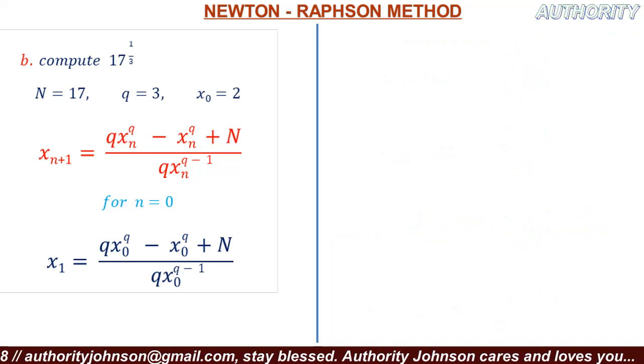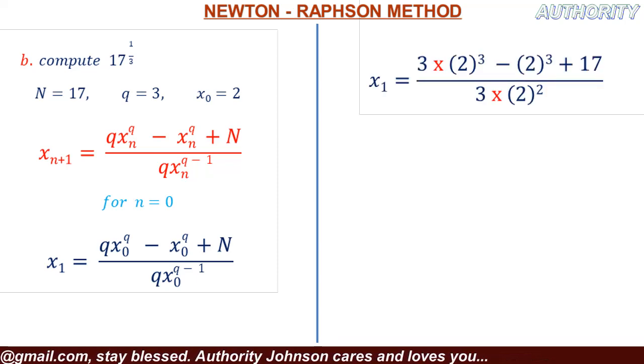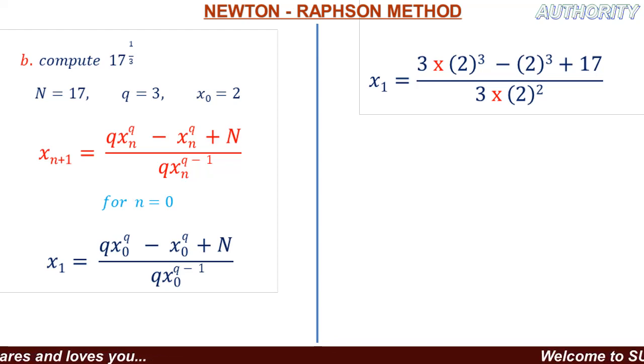Here we know our q, our n, and our x0. Substituting, we have x1 is equal to 3 times 2 cubed minus 2 cubed plus 17, all over 3 times 2 raised to the power of 3 minus 1, that is 3 minus 1 equals 2, so 2 raised to the power of 2. Simplifying, 2 cubed is 8.